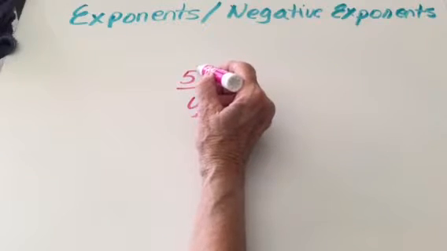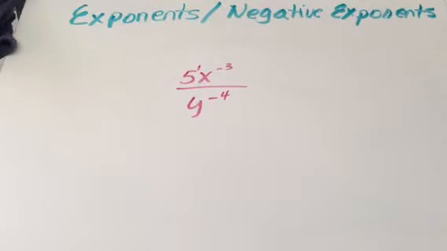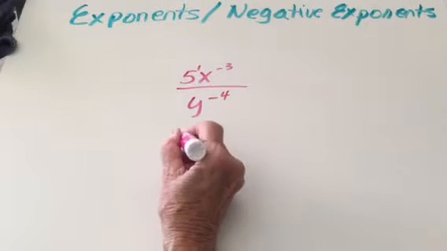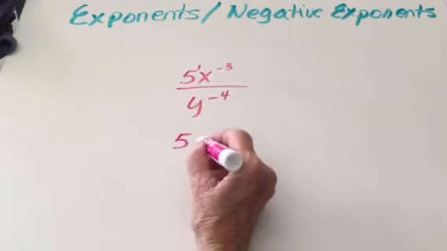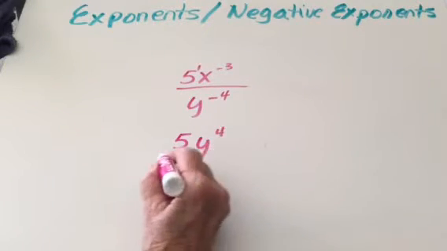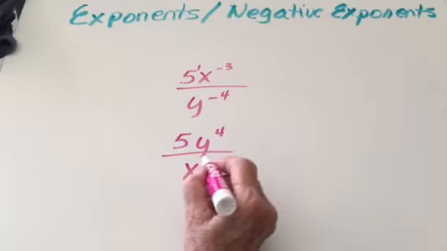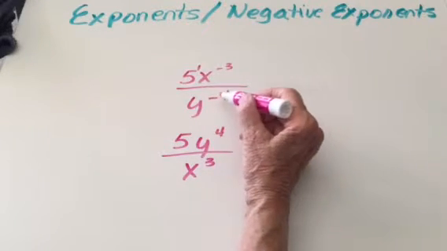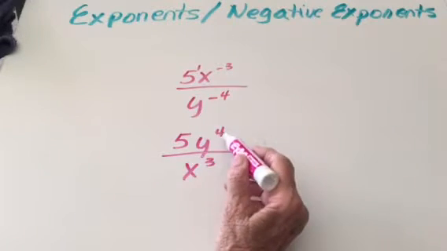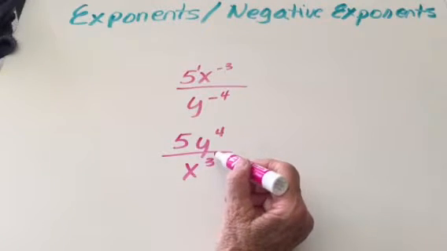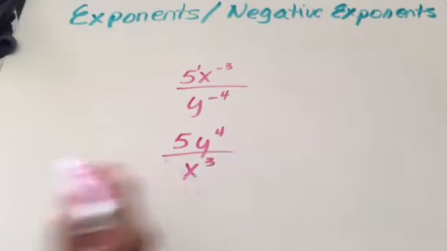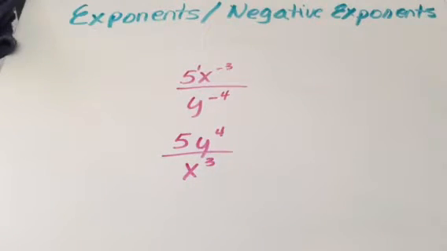The 5 is okay because the 5 just has a positive 1 exponent by it. So my answer is going to be 5. I'm going to put this guy upstairs, y to the 4th divided by x to the 3rd. See, when I move these things, the exponents change their signs. So this changes from negative to positive, and this changes from negative to positive. All right?